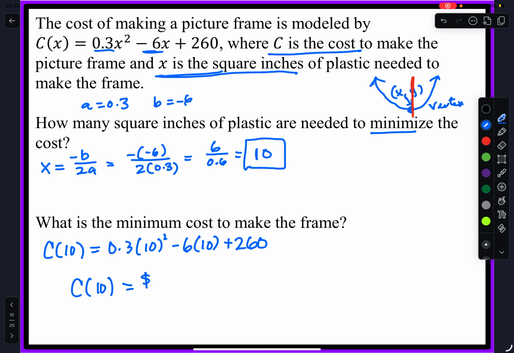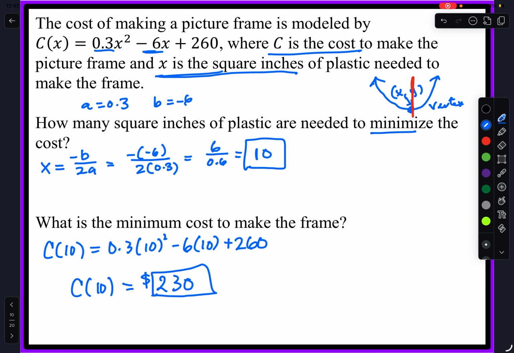So when x is 10, C of 10 is 230, which is going to be the minimum cost. It's only going to cost $230 to make picture frames using only 10 square inches of plastic.